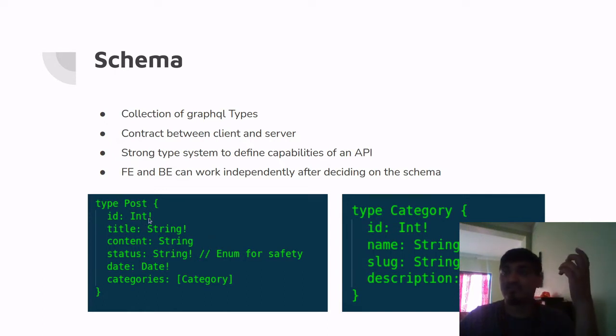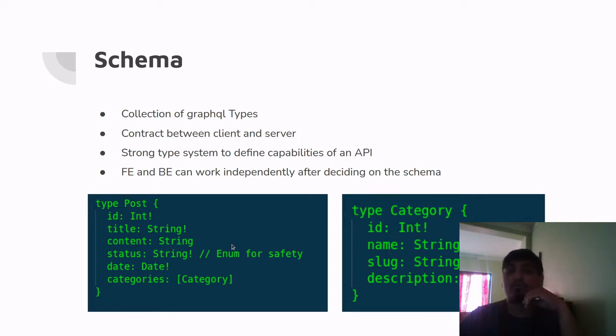If you see here, the type for the ID is integer, for title is a string, and for status you can define it as a string, or for more safety you can add enums for the possible statuses, and then define the type, right?